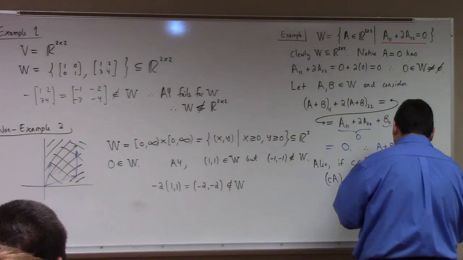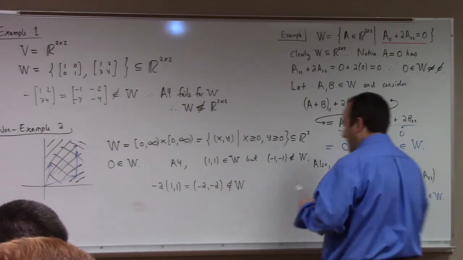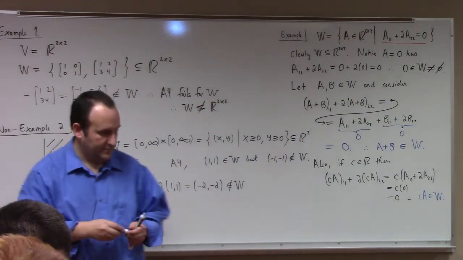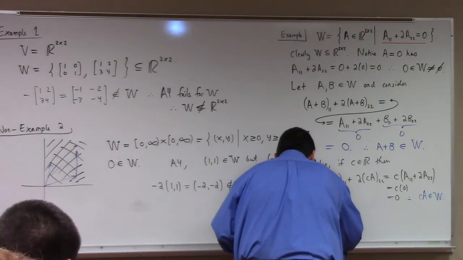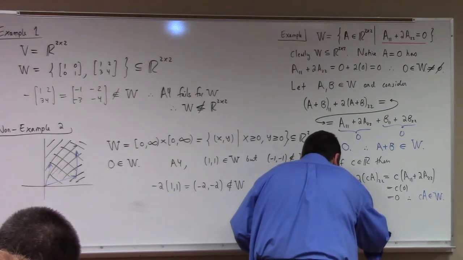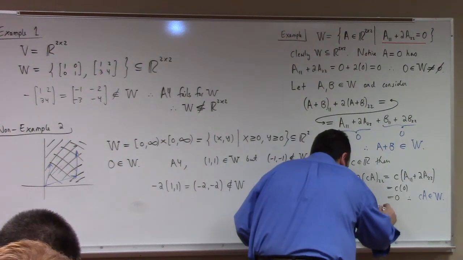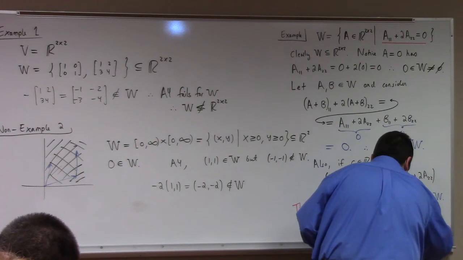Therefore, CA is in W. Therefore, punchline, by the subspace test theorem, W is a subspace of R2 by 2.